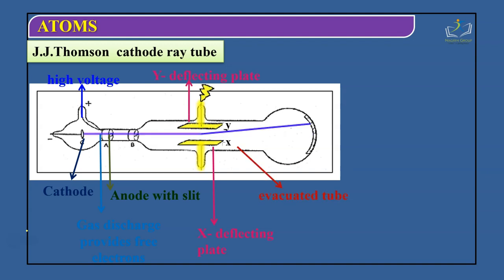There are two plates in an evacuated tube, and a fluorescent screen. If a charged particle passes through, a fluorescence, a spark of light, is generated. Because of that spark we measure where the light falls on the fluorescent screen. As you can see, this is the direction of travel of the cathode ray, and this light bends a little towards Y.